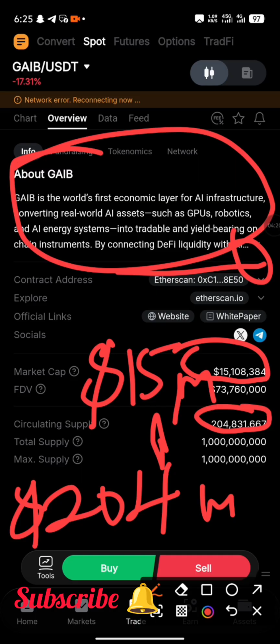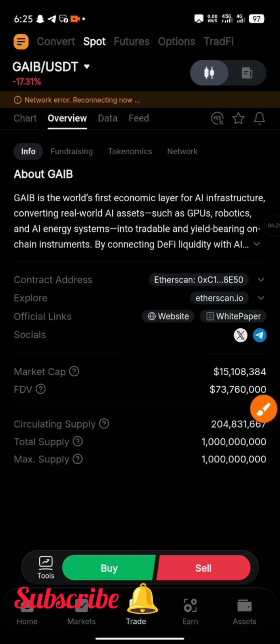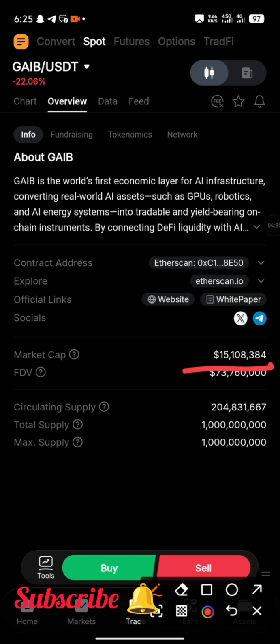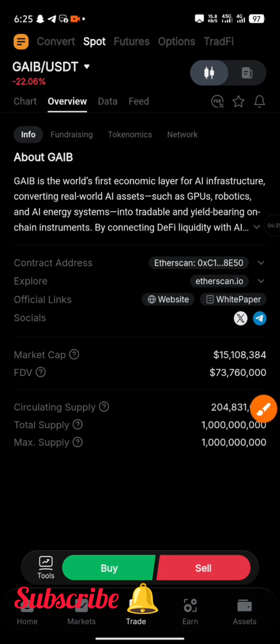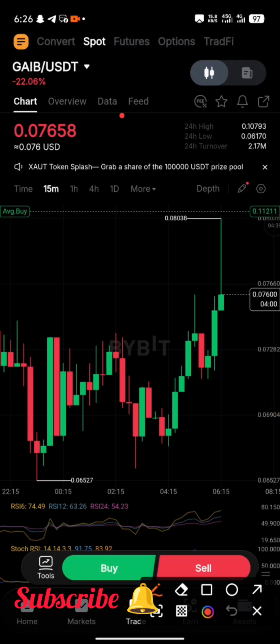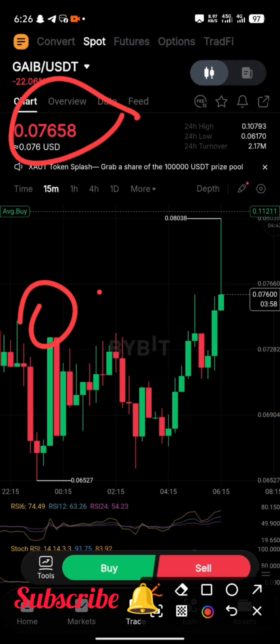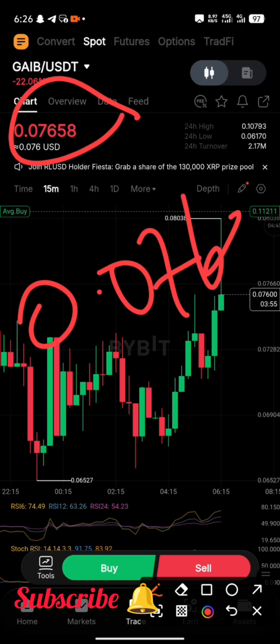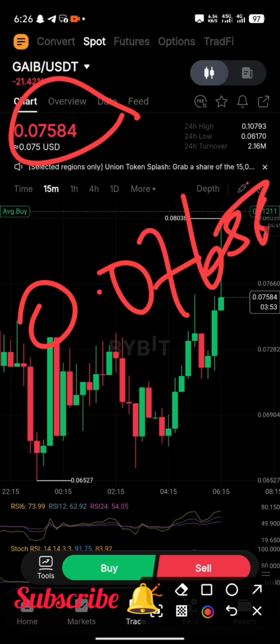Now look at it. This is the market cap. And what is the current price of the coin? The current price of the coin is 0.07658.